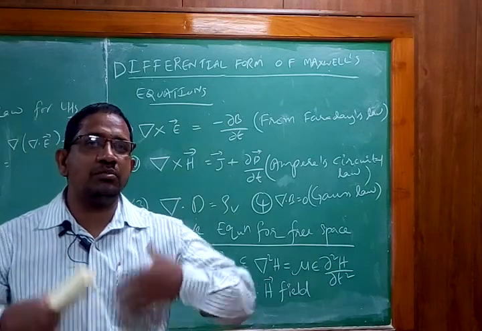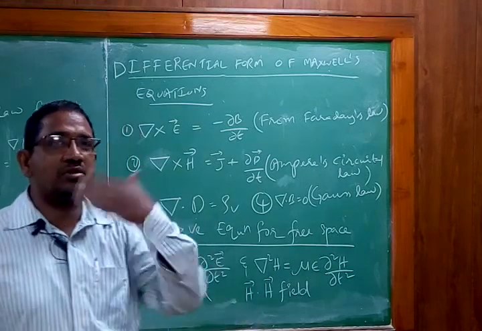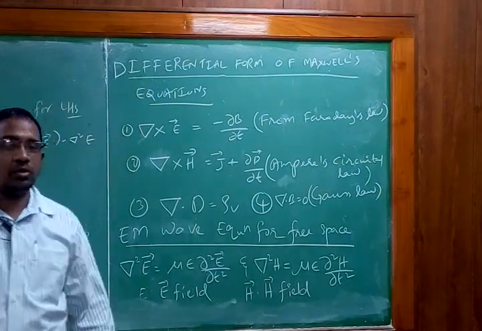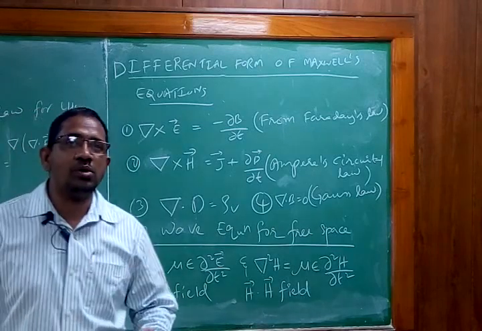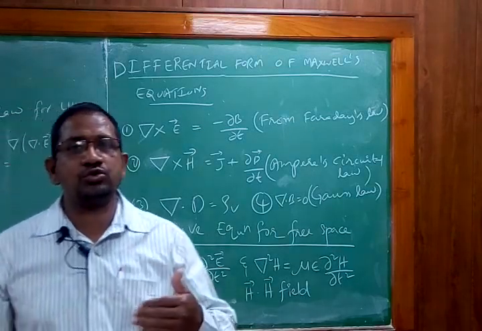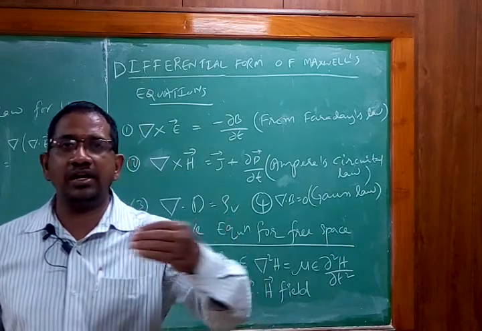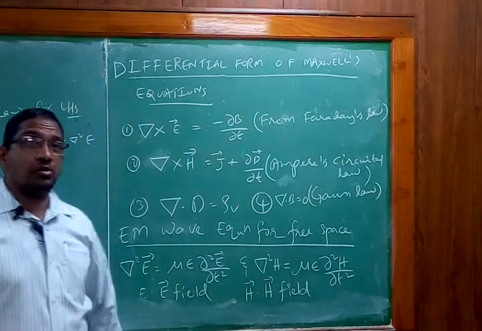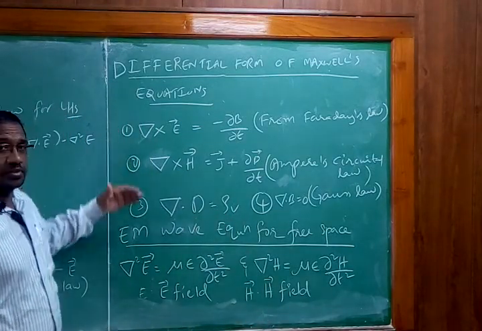He made some conclusions based on these equations, and he concluded that the electromagnetic wave propagates from source to destination with the velocity of light in free space. That is the conclusion he made. Now we are going towards that.